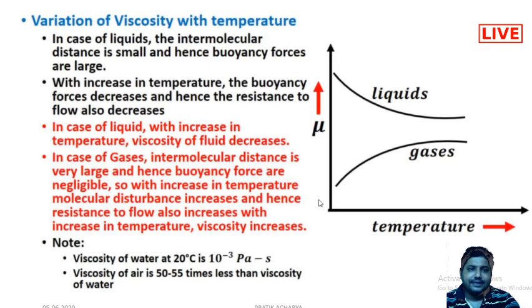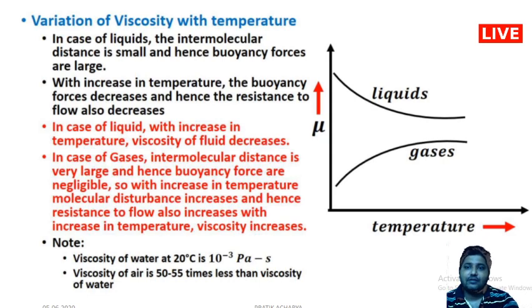Okay, so variation of viscosity with temperature. First of all, we take the case of liquid. In liquid, the intermolecular force of attraction is very high as compared to gases. So as the temperature increases, the intermolecular force of attraction, or the cohesive force between the liquid molecules, decreases. So the viscosity will decrease in case of liquid if we increase the temperature. But in the case of gases, if you increase the temperature, the molecular momentum exchange increases.